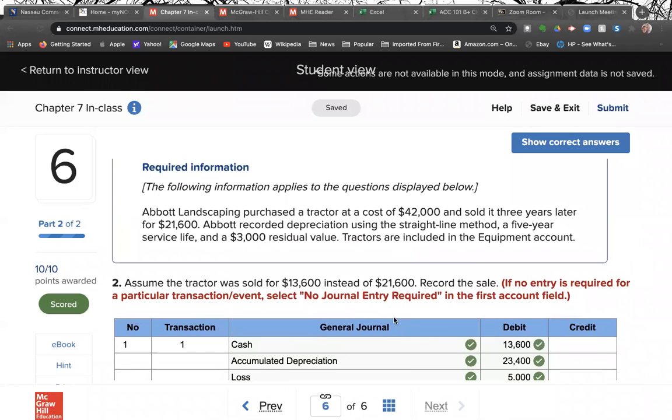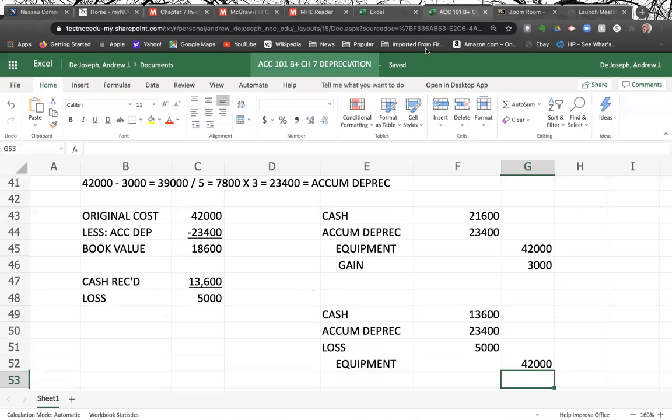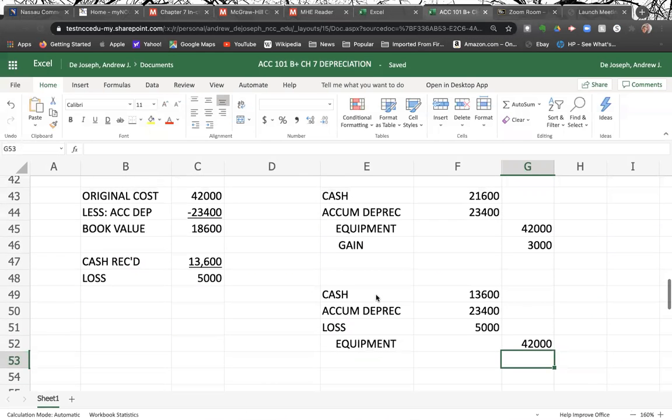Sometimes they give you another variation on this. What if you retired the asset rather than sold it? If you retired the asset, that means you got nothing for it. So your loss would be equal to your book value in a case like that. You couldn't debit cash for anything because you got zero.